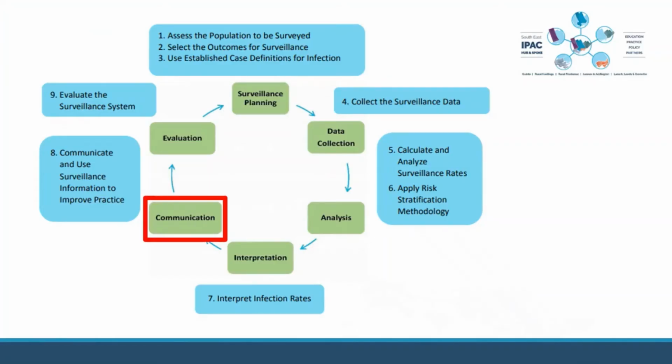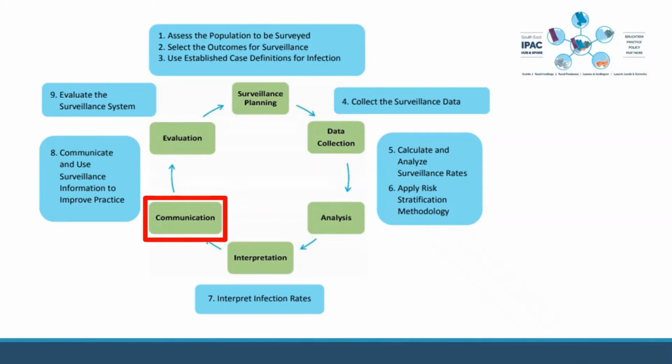So next we're going to talk about communication quickly. Communication is key, and I'm sure you all know that already. So in terms of communicating surveillance data, a surveillance system is only as good as what's being communicated.